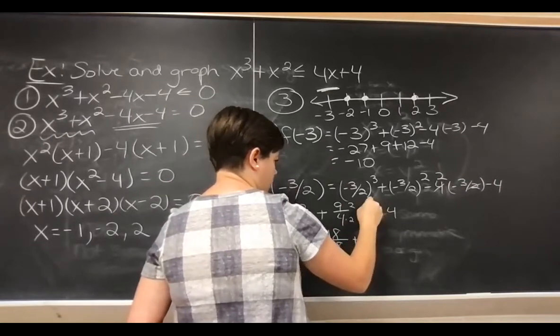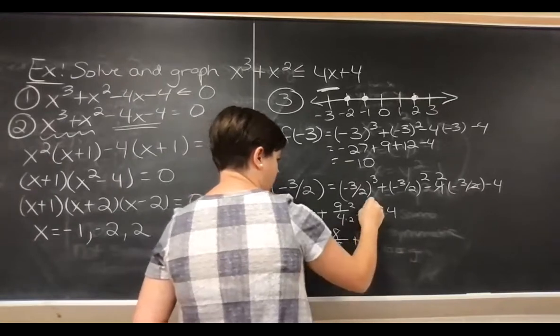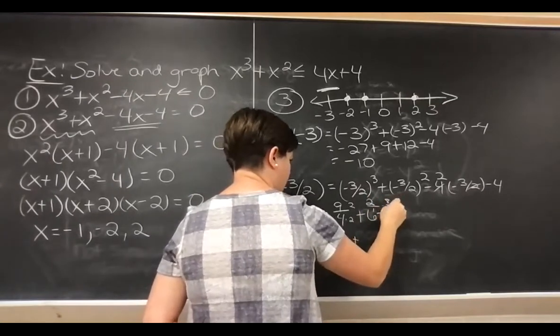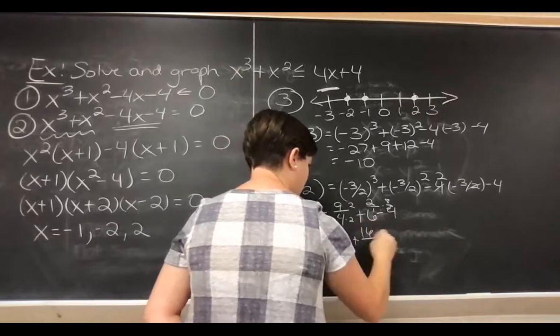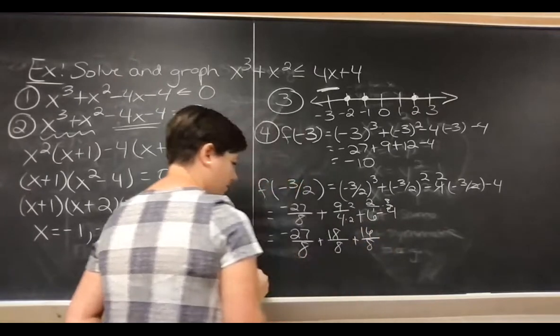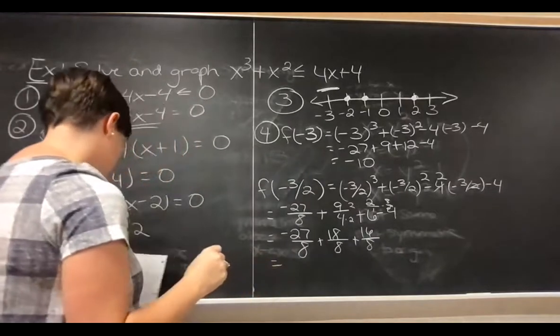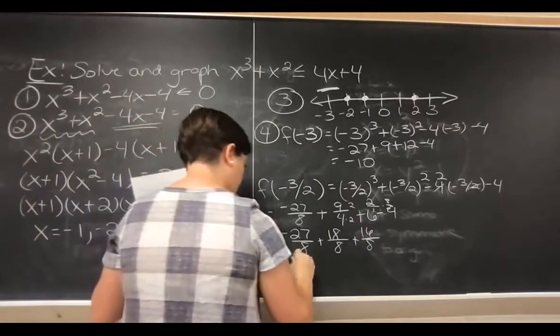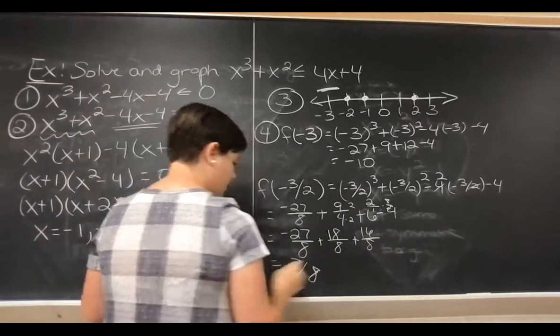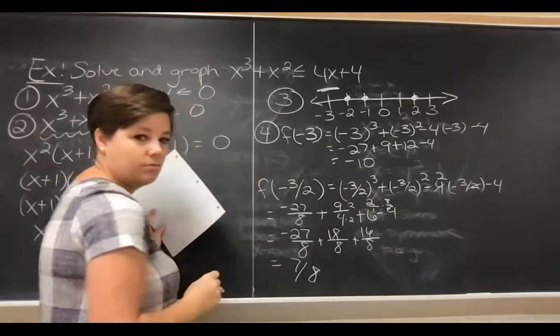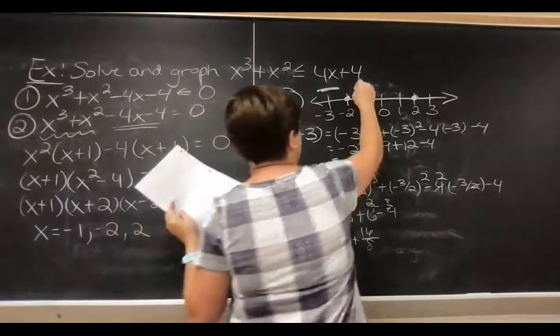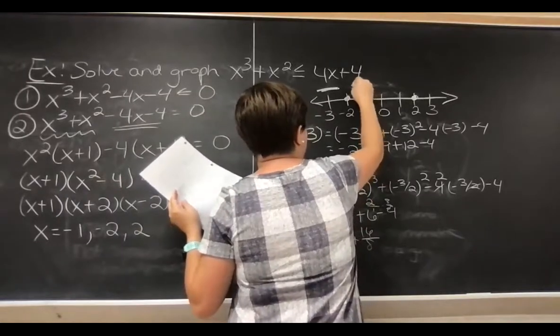And to turn 2 into a fraction with an 8 on the bottom, I multiply the top by 8 and the bottom by 8, so I get 16/8. -27 plus 18 plus 16 is going to give me 7/8. That is a positive number. So in here I have a positive.